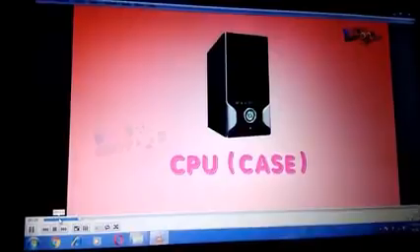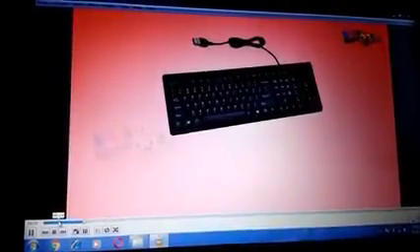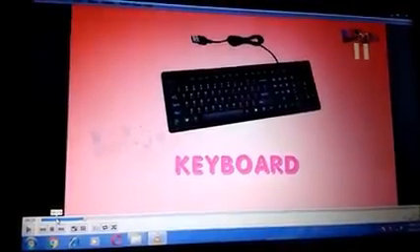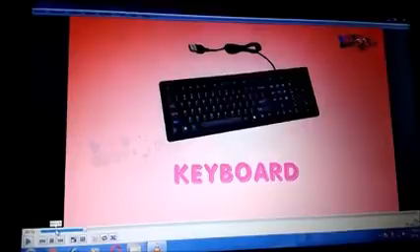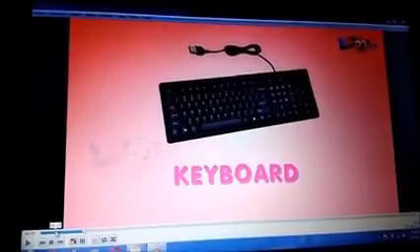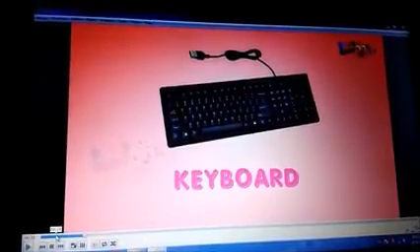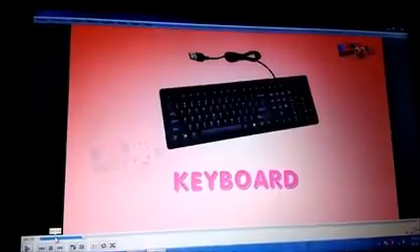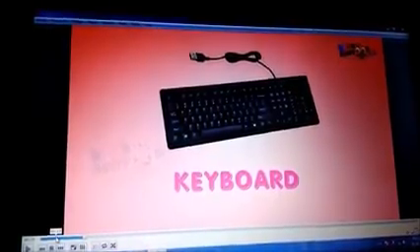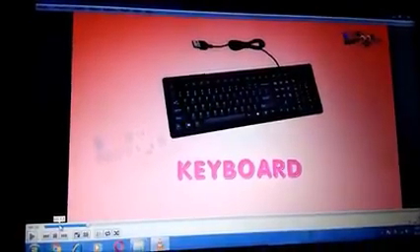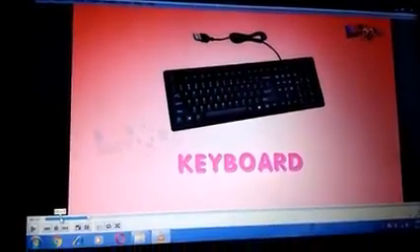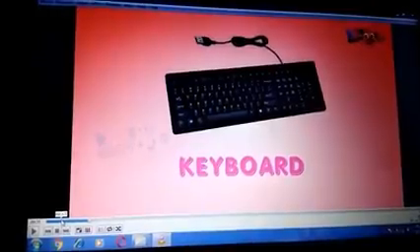The next component is the keyboard. A keyboard is the standard and the most common input device attached to all computers. It is an arrangement of buttons or keys and can be used to feed numbers, letters, special symbols, space, etc. It has certain characteristics.